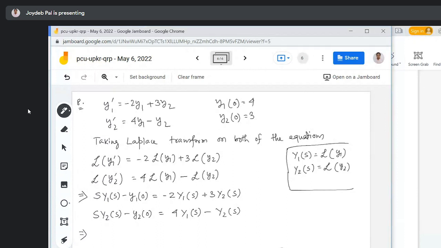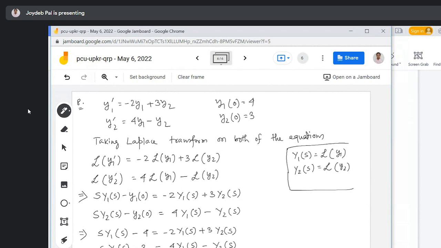So s Y1(s) minus 4 equals minus 2 Y1(s) plus 3 Y2(s), and second is s Y2(s) minus 3 equals 4 Y1(s) minus Y2(s).